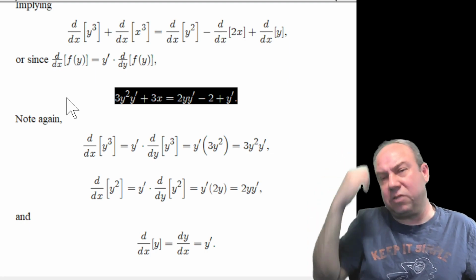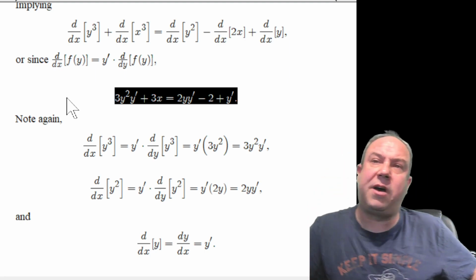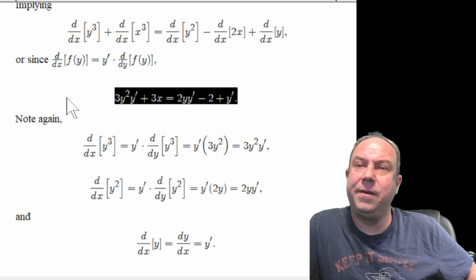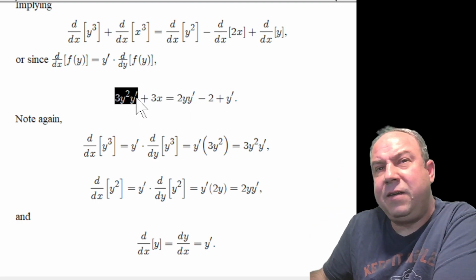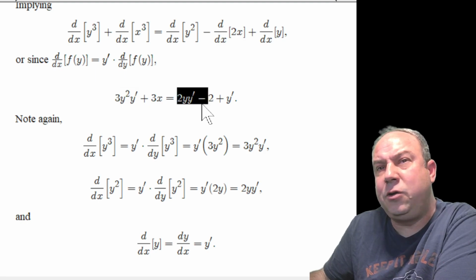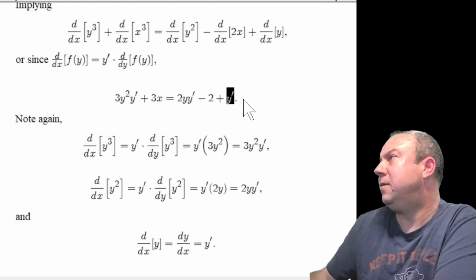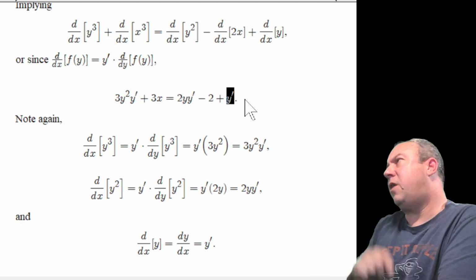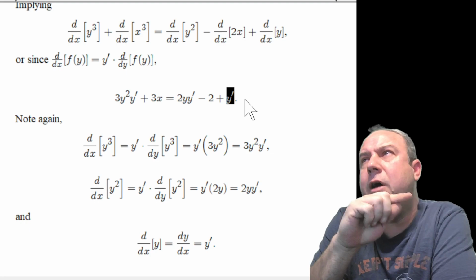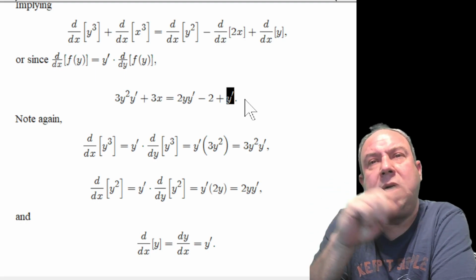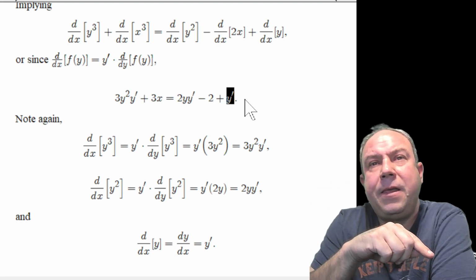Now, once we obtain that, the idea is we need to solve that for y prime. And we can see that we actually have 3 terms involving y prime, 1 on the left and 2 on the right. So typically the way that you solve if you have multiple terms involving y prime is you will gather all the terms involving y prime to one side of the equal sign.